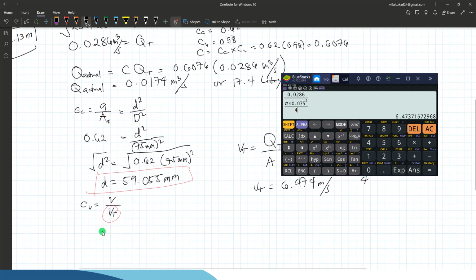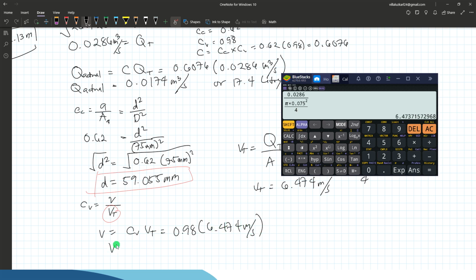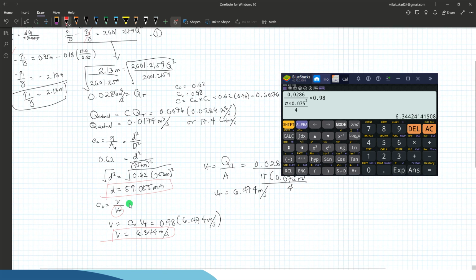The actual velocity is the product of CV and the theoretical velocity. CV is 0.98 and the theoretical velocity is 6.474. Multiplying this by 0.98, the answer for the actual velocity is 6.344 meters per second.